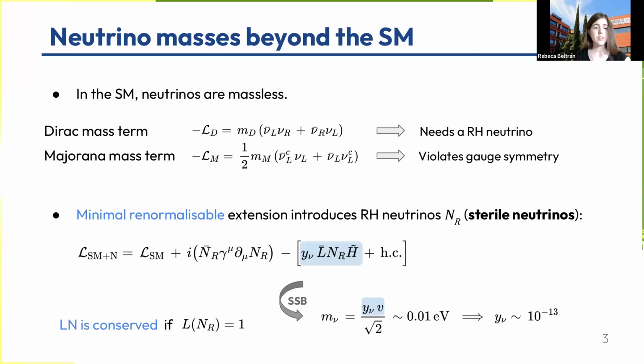So the minimal renormalizable extension introduces these right-handed neutrinos, also called sterile neutrinos, because they are complete singlets under the standard model gauge group. And yeah, in this extension, one writes down this Yukawa type interaction between the lepton doublet, the right-handed neutrino, and the Higgs.